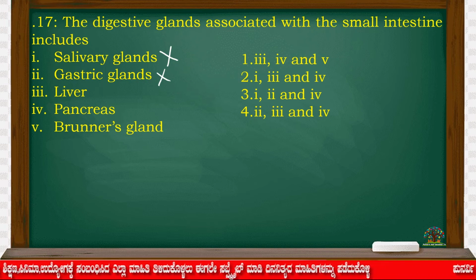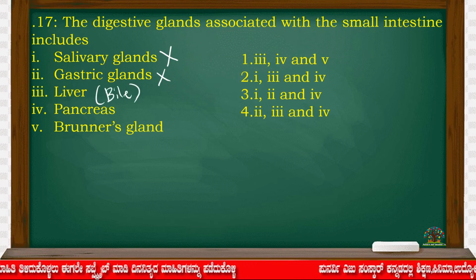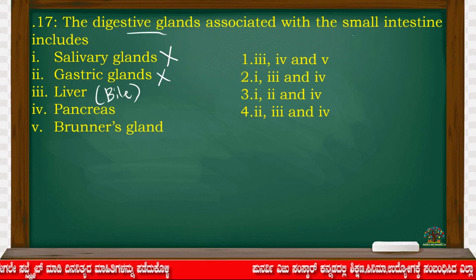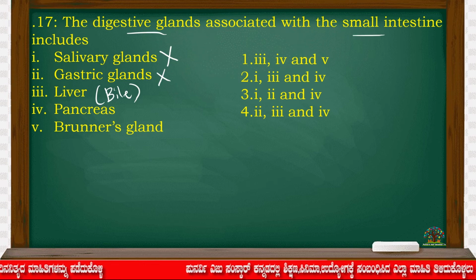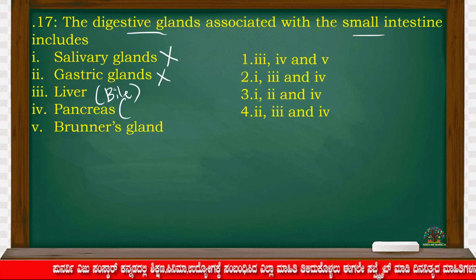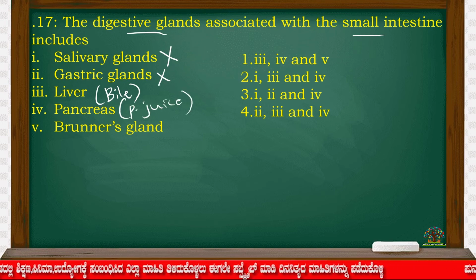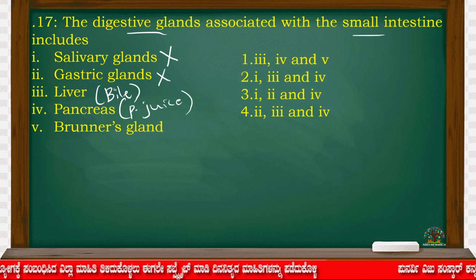The third gland is the liver, which secretes bile juice that is helpful in both digestion as well as absorption in the small intestine. The pancreas produces pancreatic juice, which is associated with both the digestive glands and the intestinal glands.